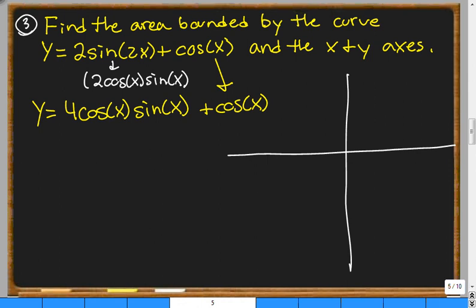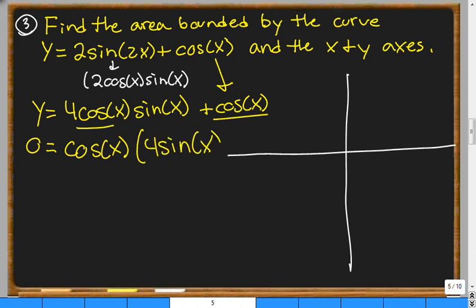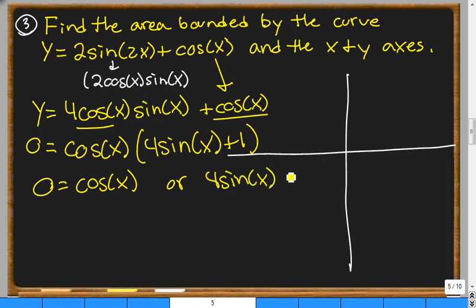So if we try to solve this, we can factor out a cosine because they both have that. And you're going to get 4 sine of x plus 1. So your zeros are going to occur when cosine of x is 0, or when 4 sine of x plus 1 equals 0.